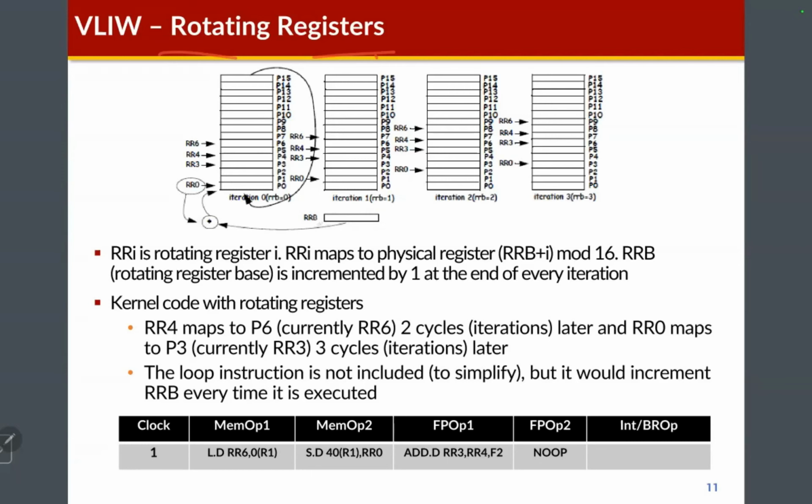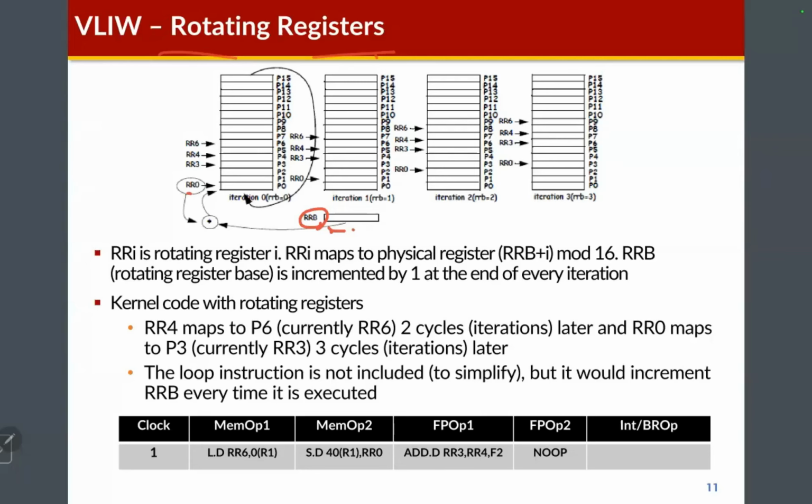By adding the base of the rotating register and the number of the rotating register, the processor maps the rotating register number to a different physical register.